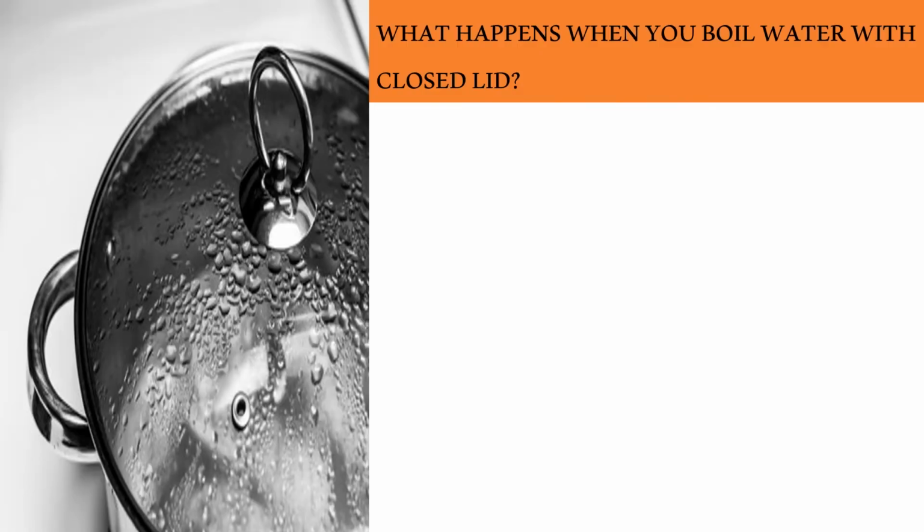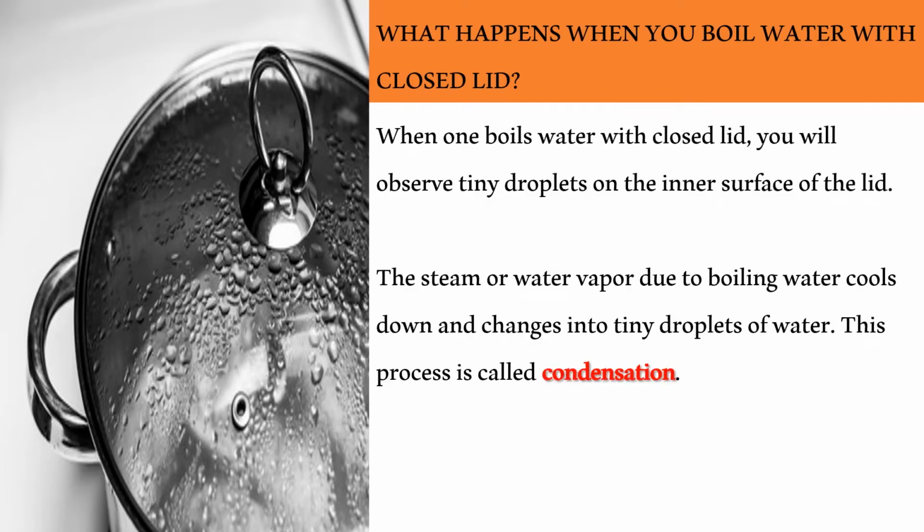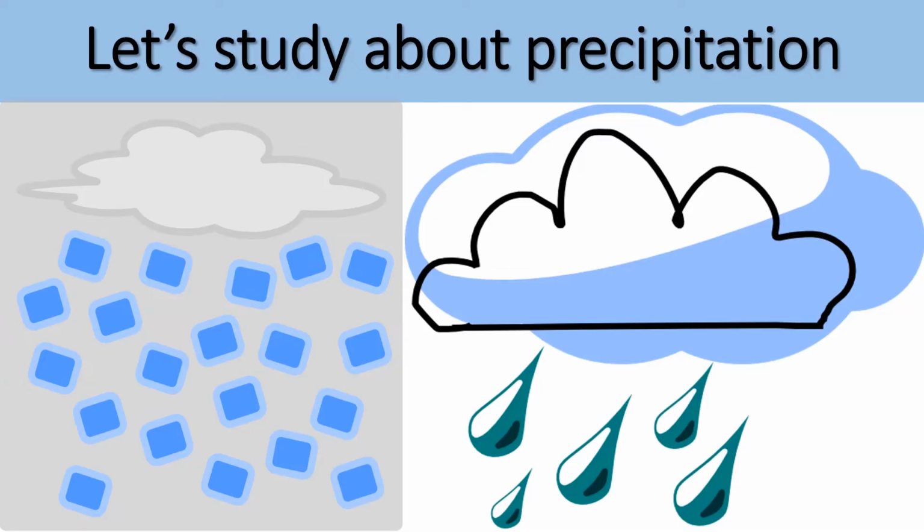Now look here, see what happens when you boil the water with a closed lid. When one boils the water with a closed lid, you will observe tiny droplets on the inner surface of the lid. The steam or the water vapor due to boiling water cools down and changes into tiny droplets of water. This process is called condensation. Now let's study what is the meaning of precipitation.